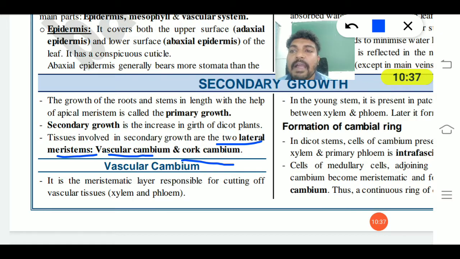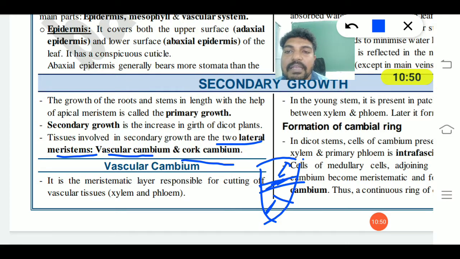Mainly this vascular cambium cuts off xylem and phloem. For example, here this is the phloem, and there will be xylem, so this layer is called the vascular cambium. The vascular cambium cuts off xylem and phloem on both the outer and inner sides.